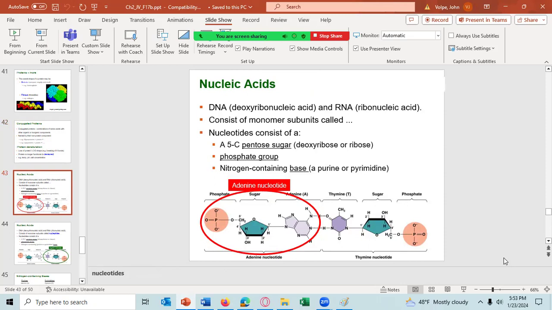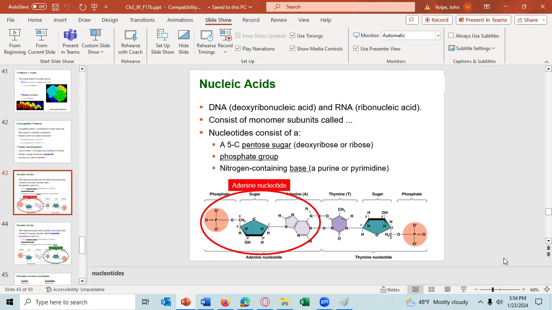All right, let's talk about the fourth of the biological molecules, nucleic acids. There are two nucleic acids you need to know. There's DNA, also called deoxyribonucleic acid, and RNA, or ribonucleic acid. All nucleic acids, meaning DNA and RNA, consist of a monomer, and this subunit we call a nucleotide.